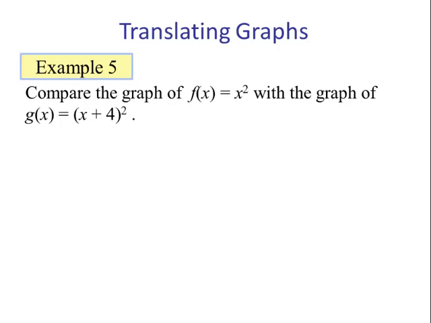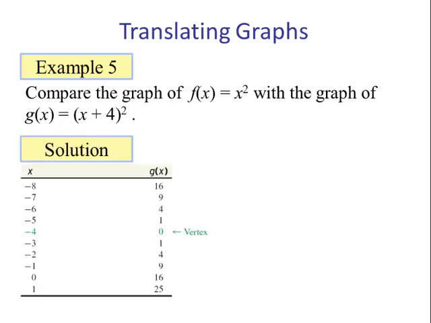Let's do another example. Example 5. Compare the graph of f of x equals x squared with the graph of g of x equals x plus 4 quantity squared. In this case, h is a negative 4 because this is x plus 4. If you recall, our form is x minus h. When we pick values of x and plug them in g of x, here are our outputs.